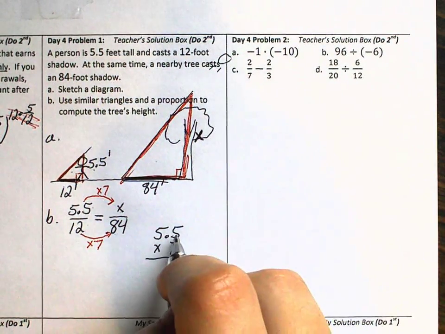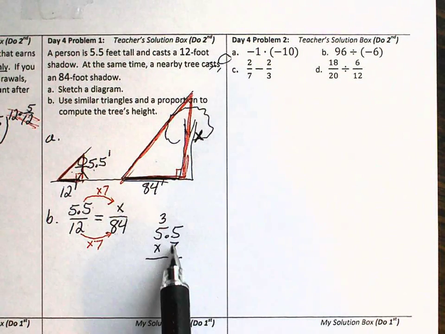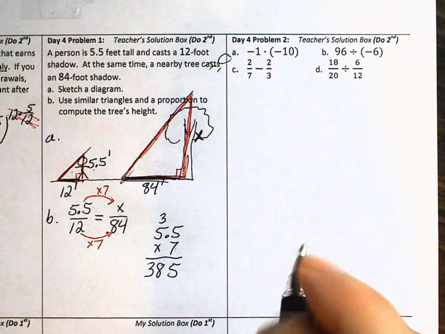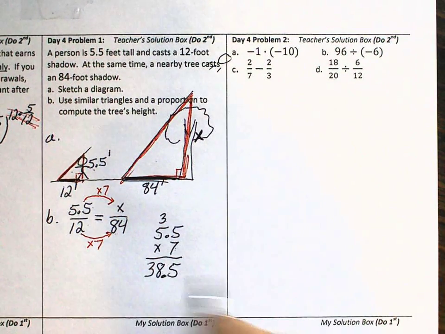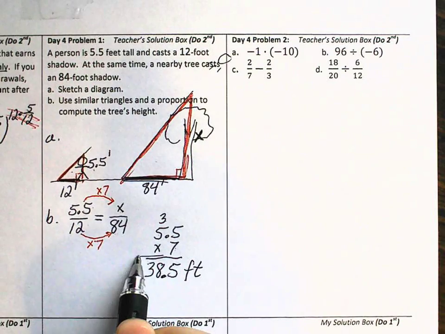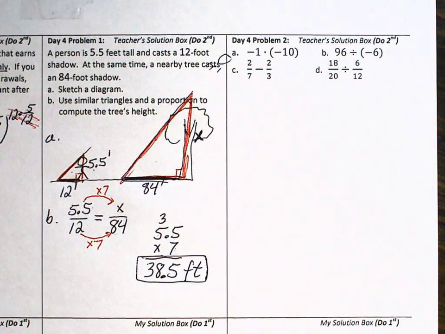Let's see what we get. 5 times 7 is 35, carry 3. 5 times 7 is 35, plus 3 is 38, and the decimal point needs to go right there, 38.5. So our tree is 38.5 feet tall, measured indirectly because of things that we know from geometry class in high school.